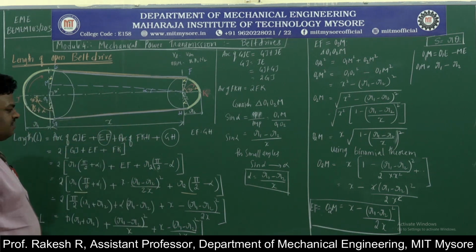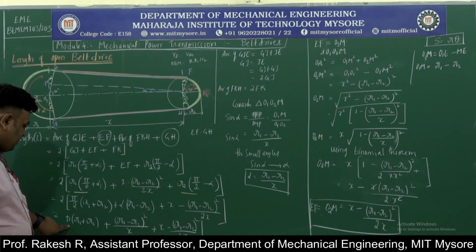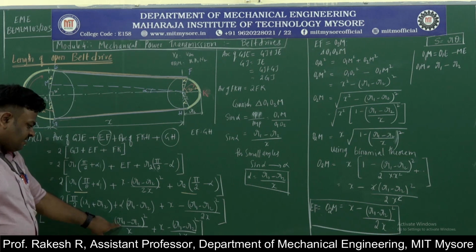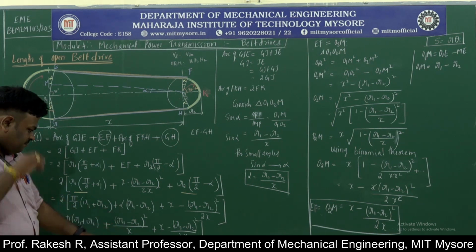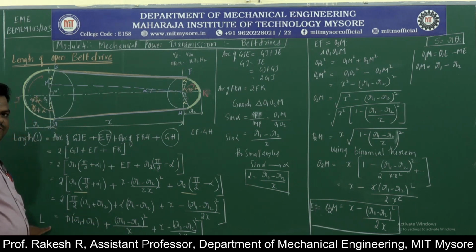Then this is the length of open belt drive. This is not completed. Again I have to write the same equation here. Pi into r1 plus r2, if I take r1 minus r2 whole square by x, this is the length of open belt drive.